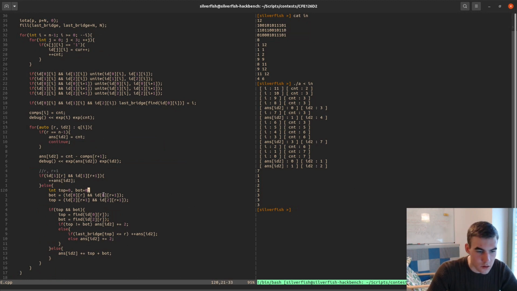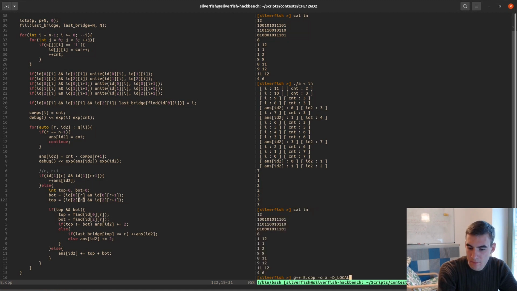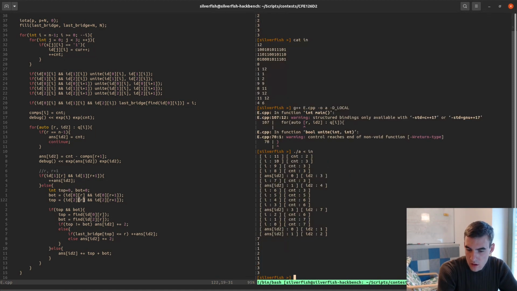There's a crossing in the middle, then I increase answer by 1. If there's a crossing at the top or a crossing at the bottom, oh, it's r plus 1, r plus 1. Okay.